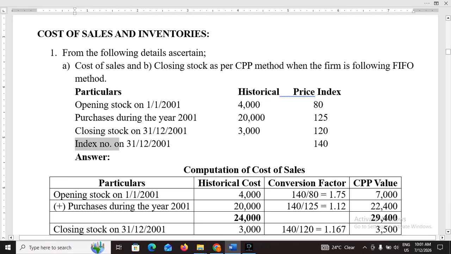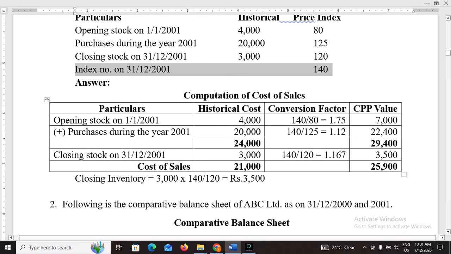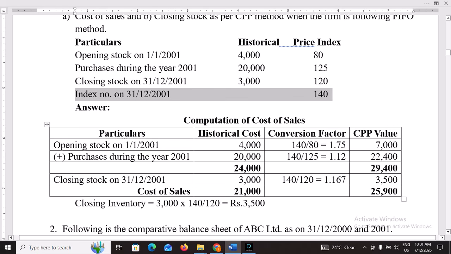Index number on 31/12/2001 is 140. Average index number is 140 on 31/12/2001. Okay, so the answer.